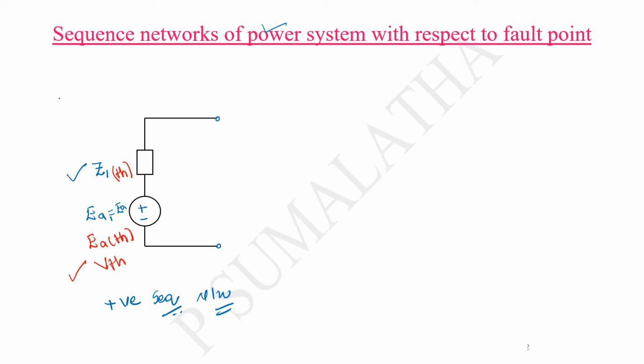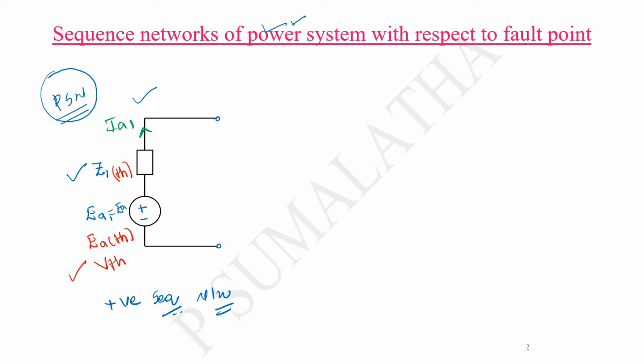Whatever positive sequence network we get by interconnecting all the components present in the single line diagram, if you find the Thevenin's equivalent of that network, the resultant network will be the positive sequence network for the fault at any point of the power system. So this is the current IA1, which will be equal to the Thevenin's voltage divided by the Thevenin's impedance of the positive sequence network.